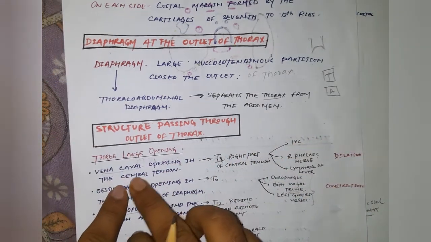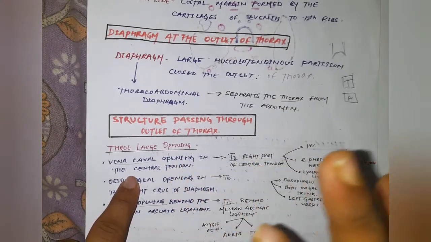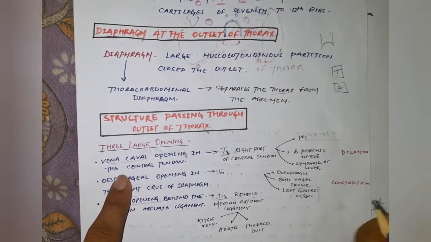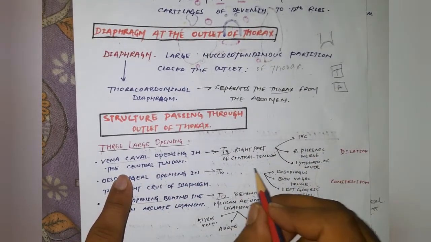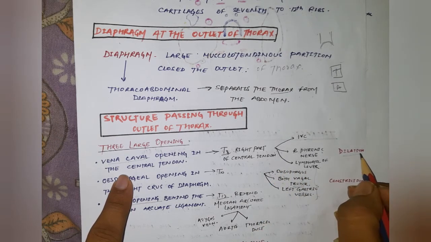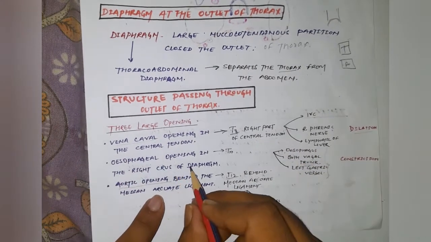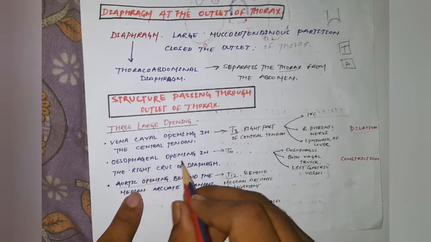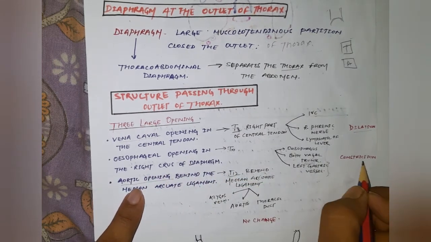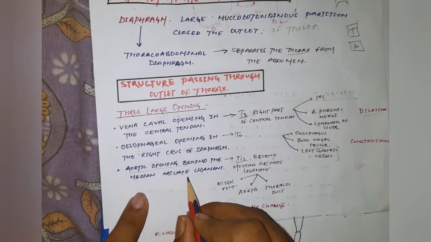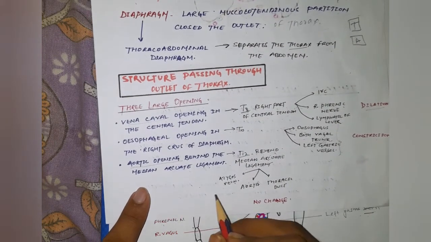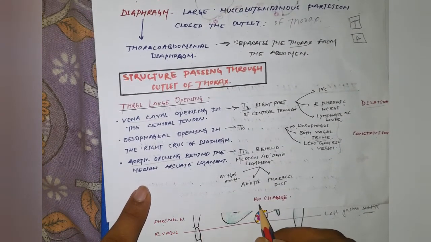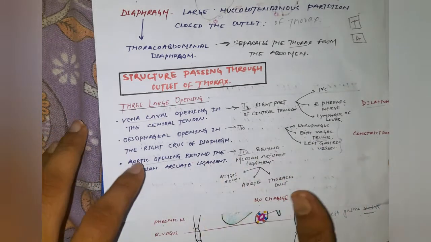If the oesophageal opening contracts, we see constriction, and if the aortic opening contracts, there is no change.